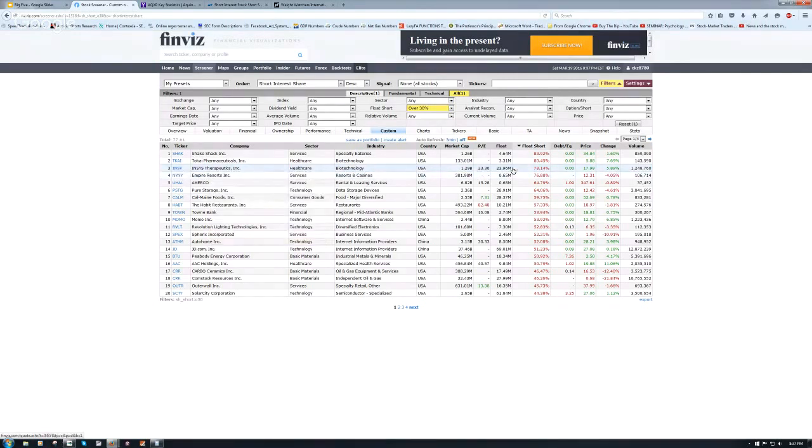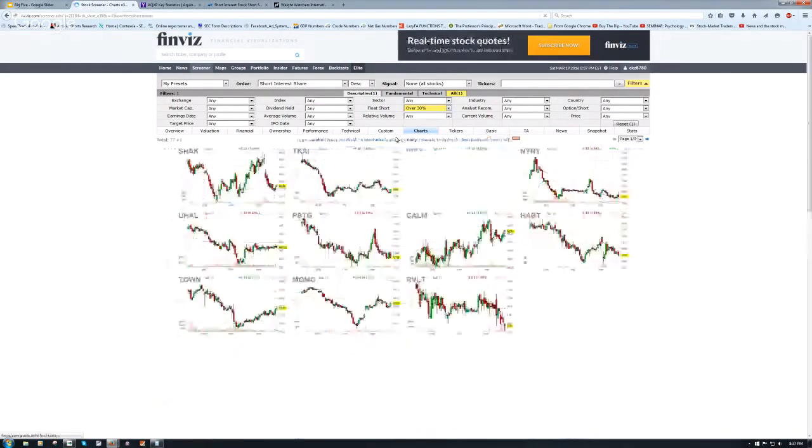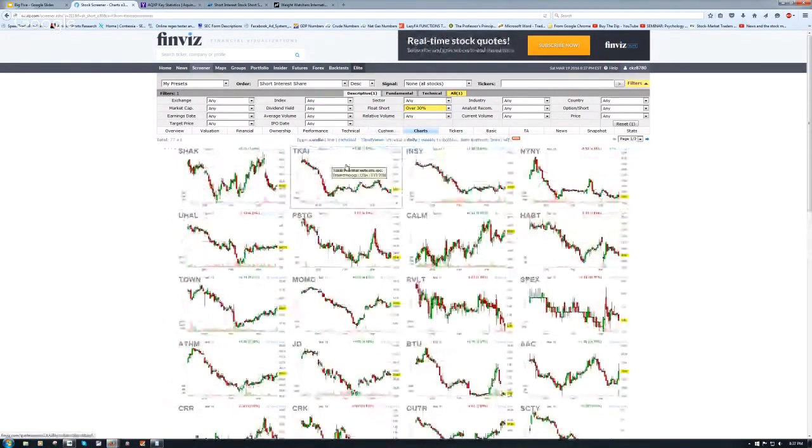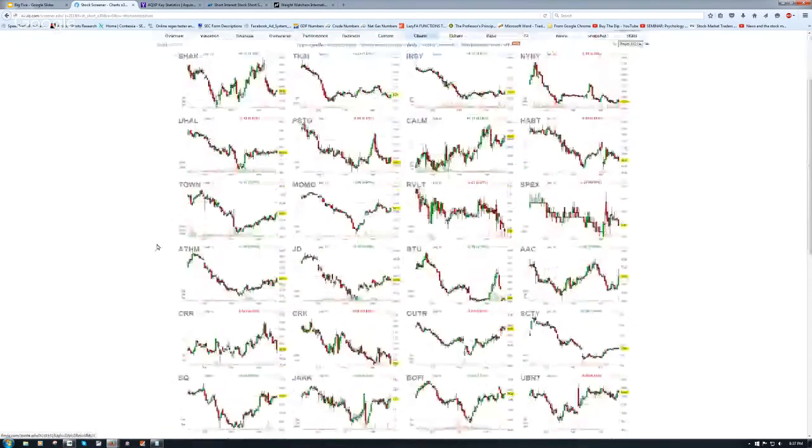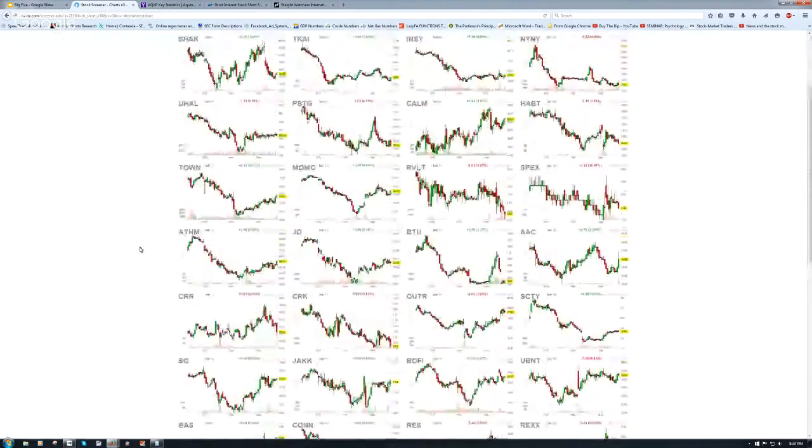So I'm not totally sure that it's accurate, but I think this one's more accurate than some of the other ones. But anyway, yeah, you can just go here and look at all these high short interest stocks. Once you arrange them, it maintains their order. So then you can just go to charts, scroll through them, and look for ideas.